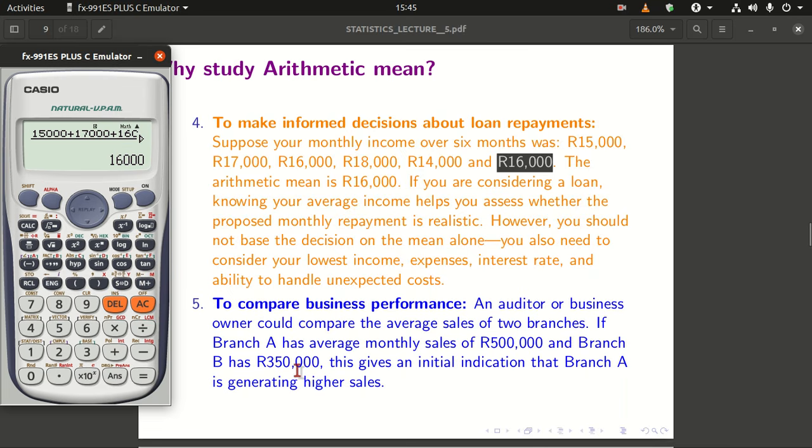Another example is, if let's say you have 2 businesses, either those businesses are yours or you are helping someone who has 2 businesses, to make an informed decision or to actually determine the performance of each of these 2 businesses. Right? You look at this business, you look at their sales.